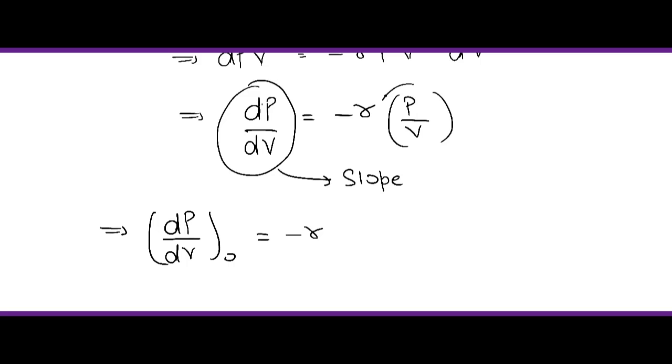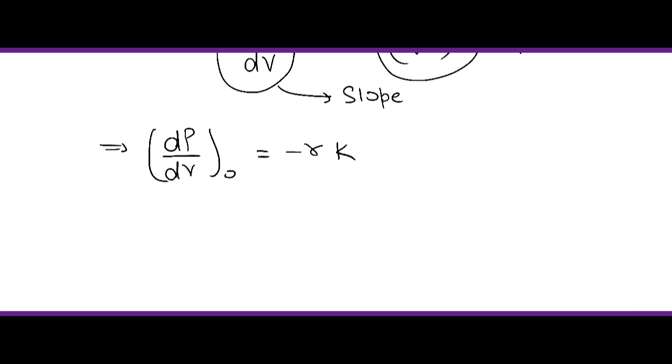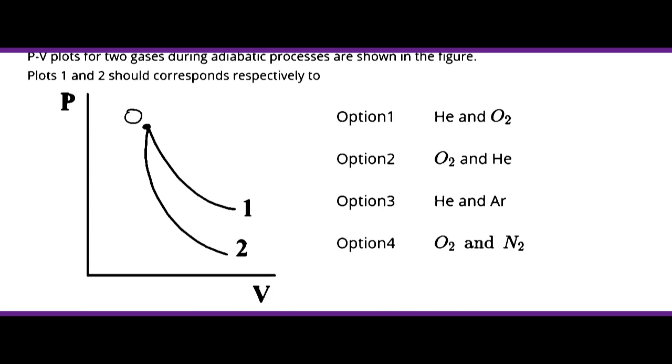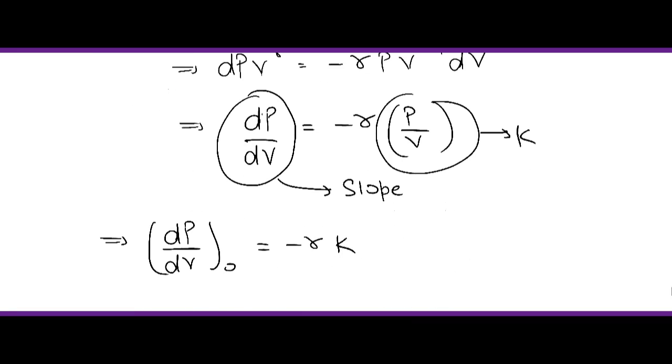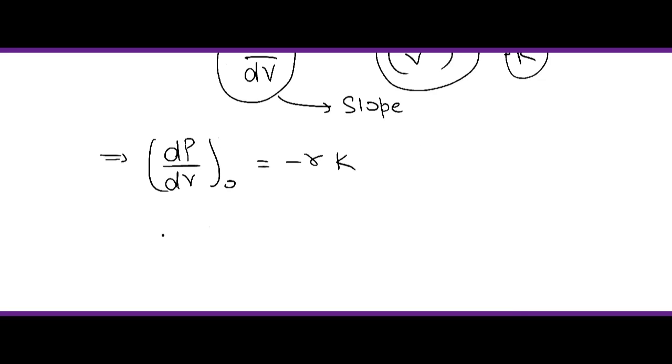let's call this value P by V is equal to K. For both the processes at point O, P and V will be the same, therefore we have taken P by V is equal to a constant K. Therefore we can say that dP by dV at point O is proportional to gamma.